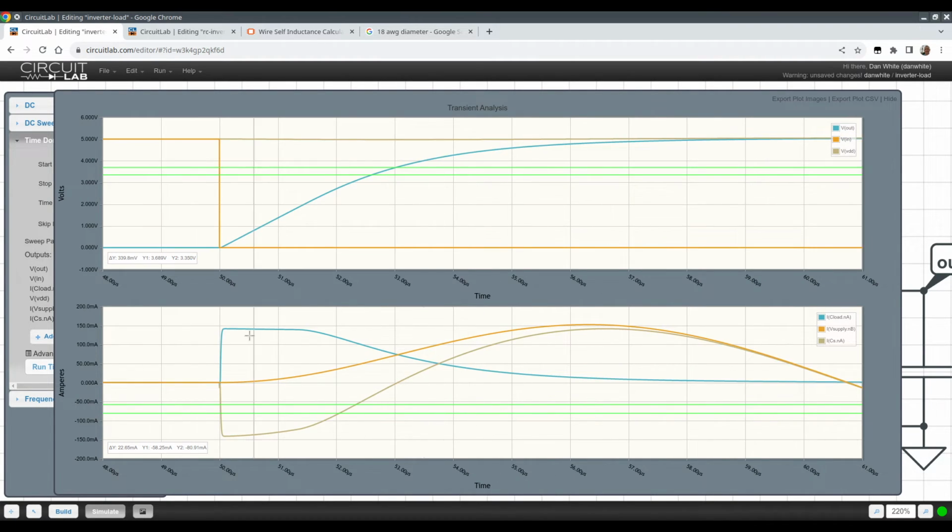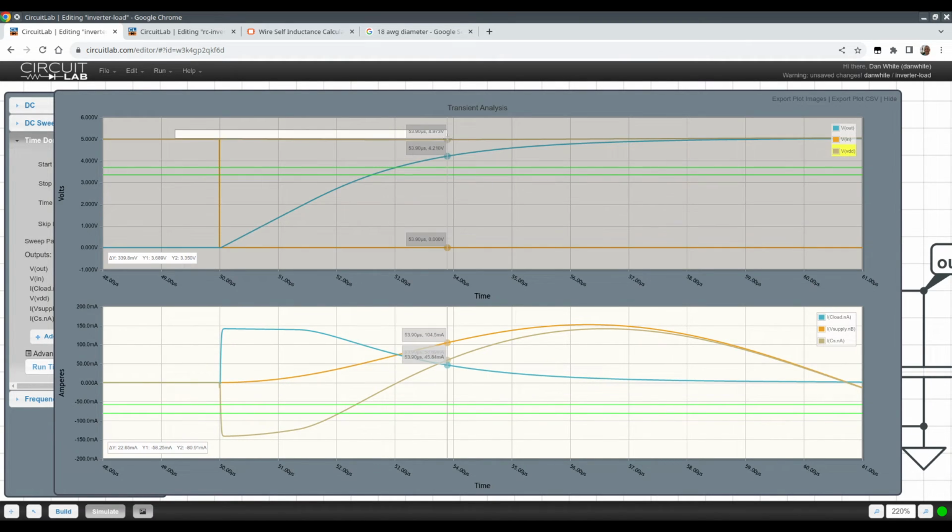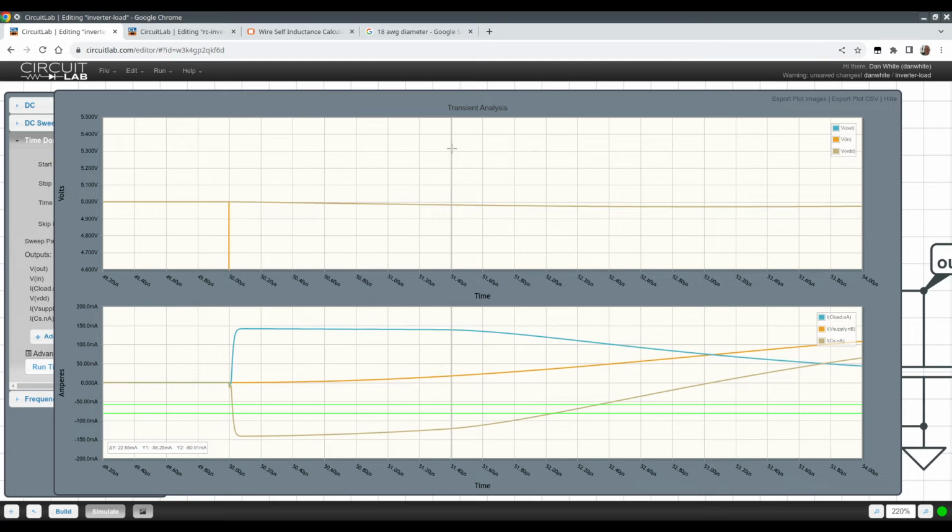Oh, this is terrible. We have no damping in here. Okay, let's look at VDD. Look right here, zoom in on the power supply voltage, and if you look at this, the power supply voltage does not droop at all. It droops over here. That's it. That's because the capacitor supplied all. Here is the capacitor current.